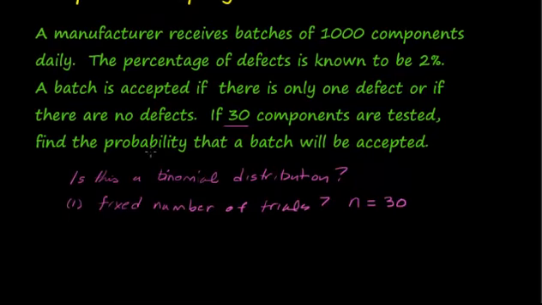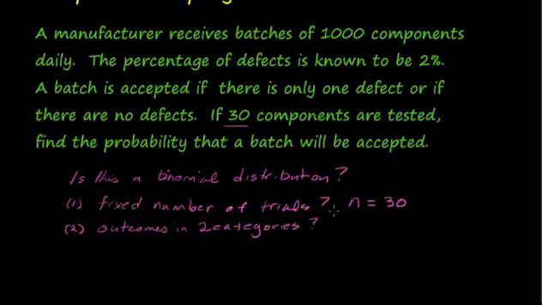Next, let's see if there are outcomes in two categories. Well, we said we're going to look at them for defective or not defective in the inspection.